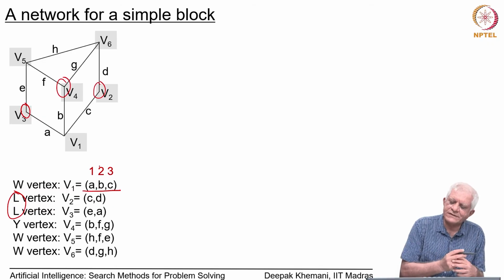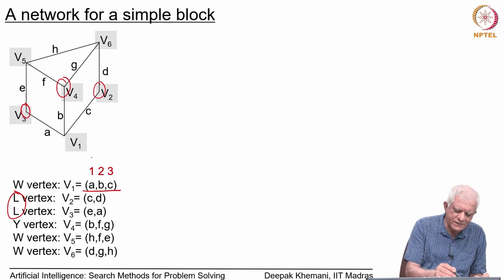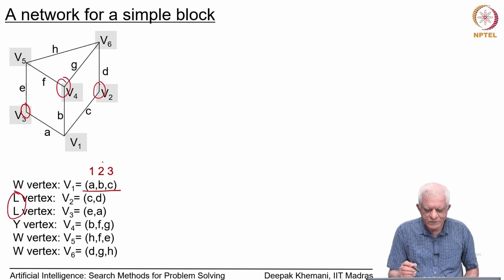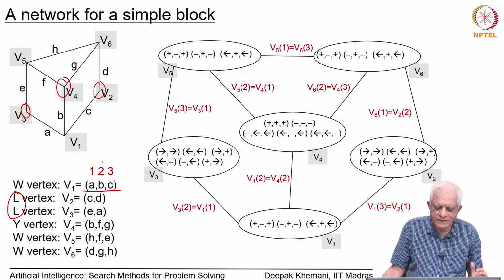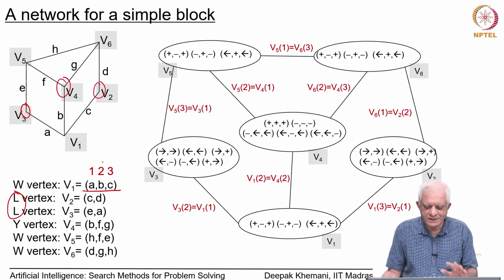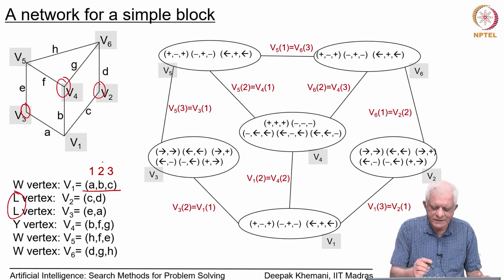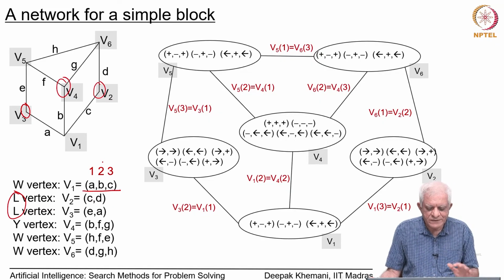Remember, our task is to find labels for edges. So, in this case the edges are A, B, C, and we have just labeled them 1, 2, 3, so that we understand what we are talking about when we draw a full diagram for this. When we pose the CSP, this is what we pose as a constraint satisfaction problem: these 6 vertices, with the allowed values as specified by Huffman for those 6 vertices.